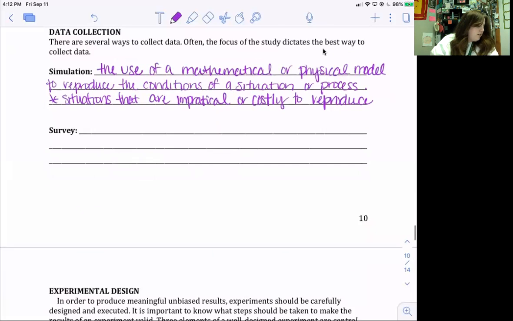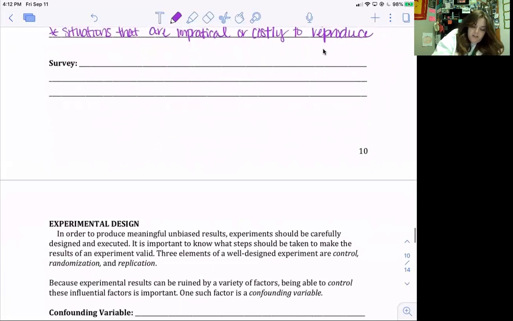A survey is an investigation of one or more characteristics of a population.